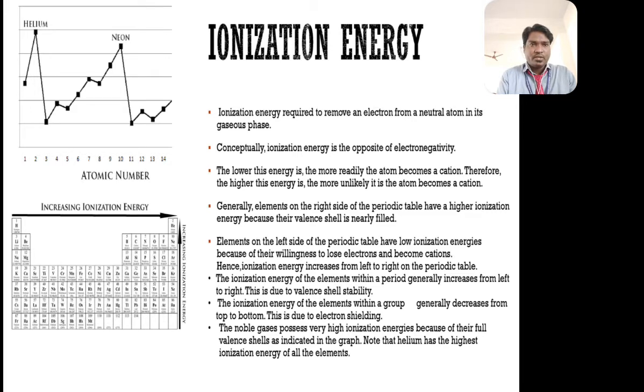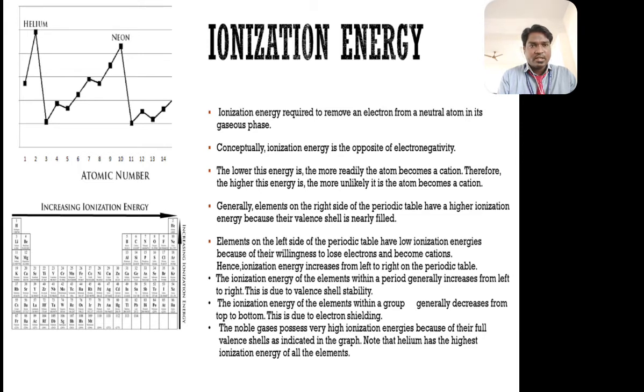Ionization energy is required for the removal of an electron from a neutral atom in the gaseous phase. Conceptually, ionization energy is the opposite of electronegativity. The lower the energy, the more readily the atom becomes a cation. Therefore, the higher this energy, the more unlikely the atom becomes a cation.